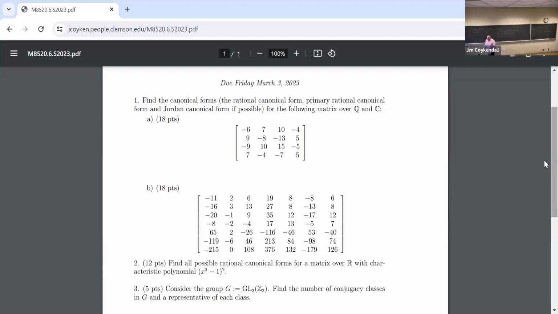Now, let me point out something. K is a big field containing F, right? Notice that if you add two elements of K, you get an element of K, in particular an abelian group.